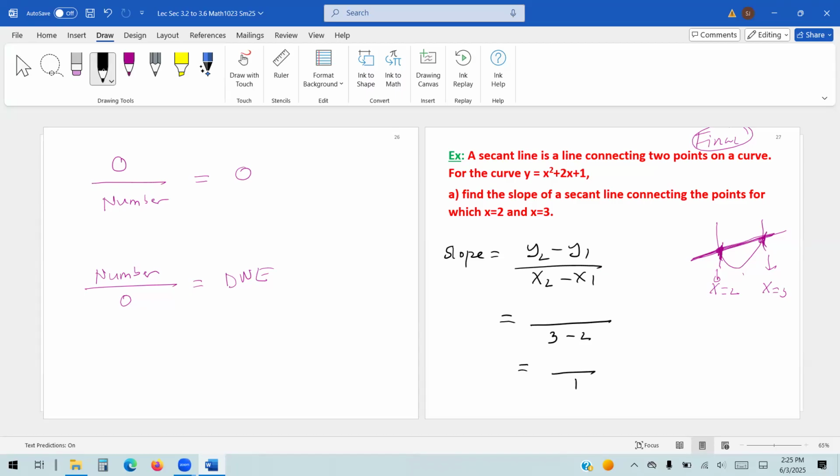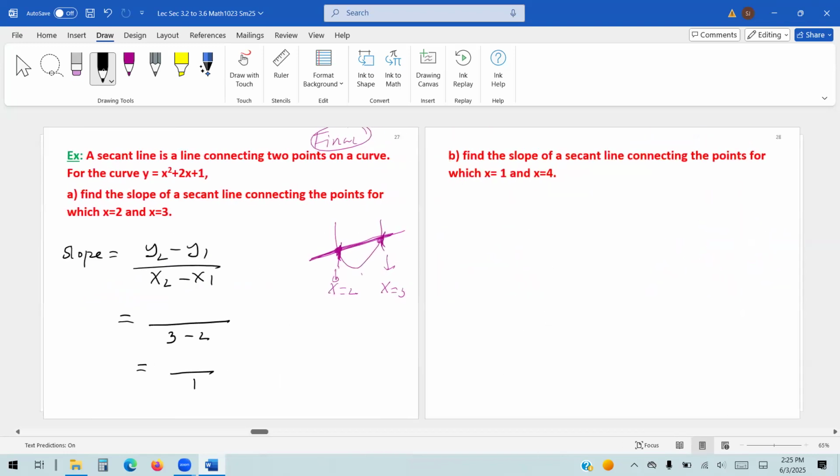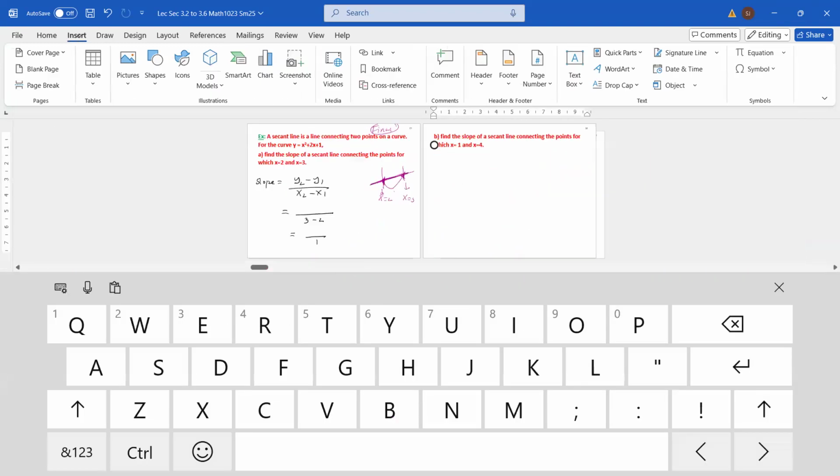So it's half done. What happened to the numerator? They did not give us the y value. So how can we find y values? Plug in. Good job. They gave us the x values and they gave us the formula.